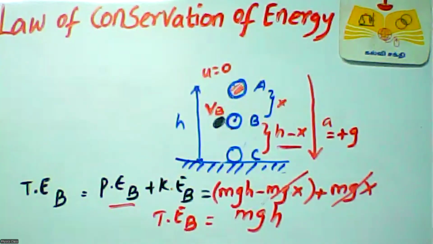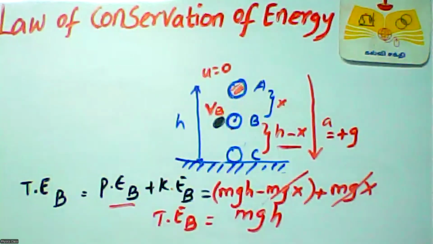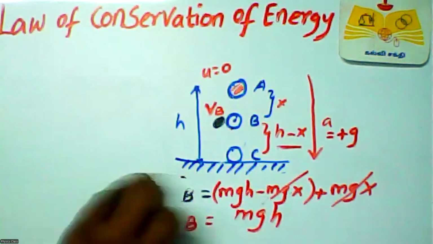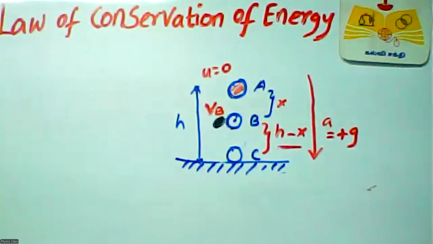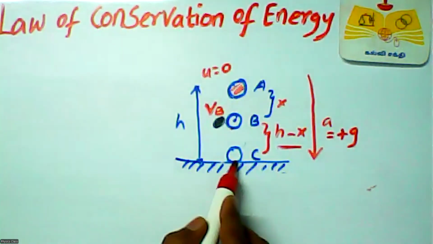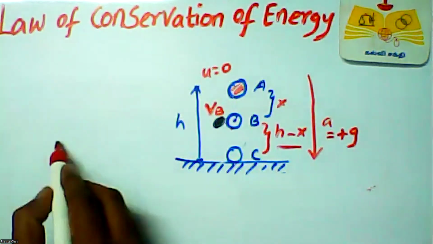Now we have to find the total energy at point C. So let me calculate what the kinetic energy is and what the potential energy is. Here the body has already hit the ground at C. So there is no height.